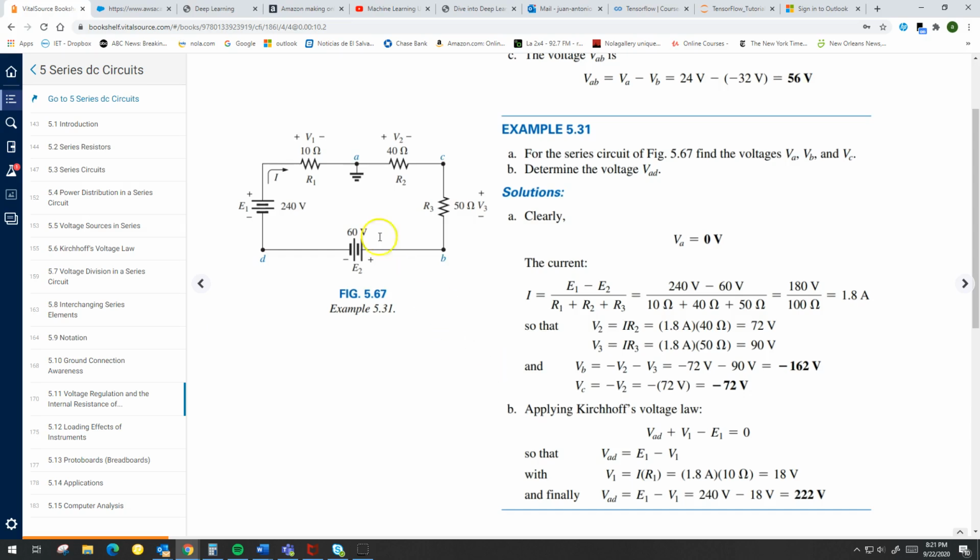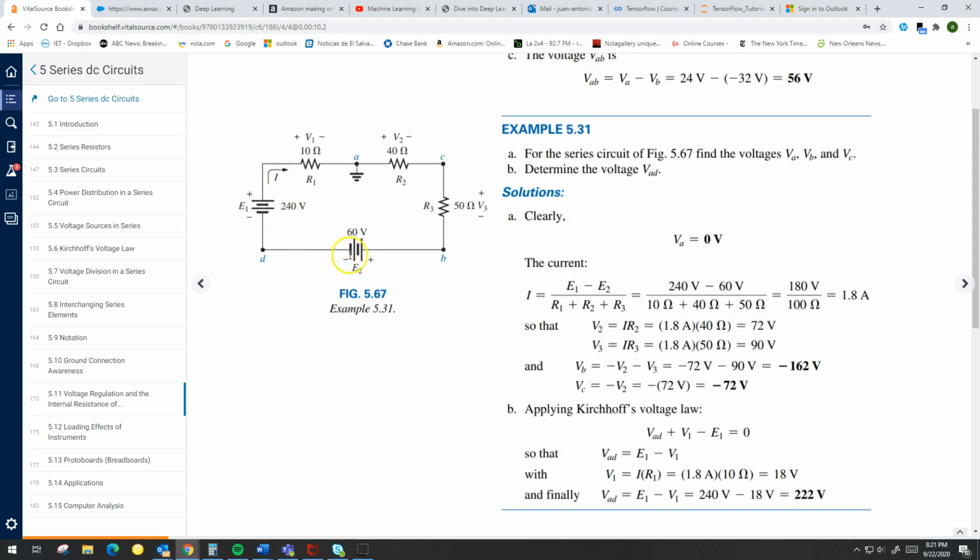From this circuit point of view, I can find the total current. It's not going to change how I found the total current. But now I can either use Kirchhoff's law, or I can combine these two batteries into one. As you can see here, they're connected, so the polarities are going to subtract.